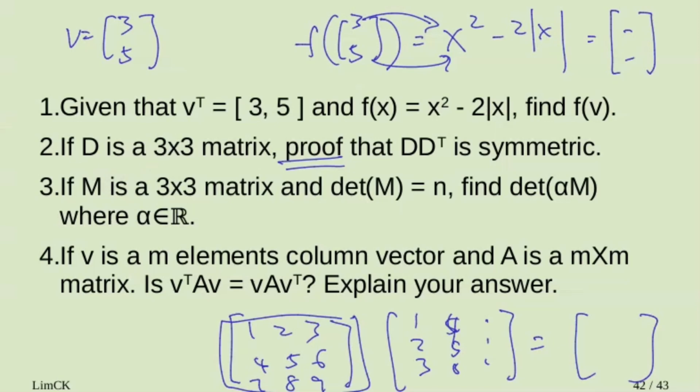Then question 3. If M is a 3 by 3 matrix and the determinant of M is equal to N, find the determinant of alpha M, where alpha is a real number. What we have here is a matrix that we do not know, but we only know that it's a 3 by 3 matrix, and the determinant of the matrix is N. So how to find the determinant of alpha M?